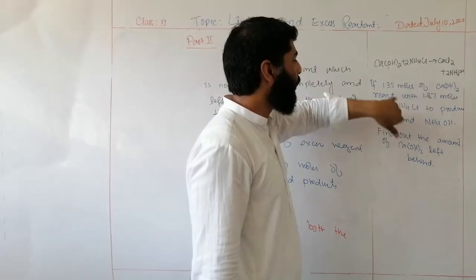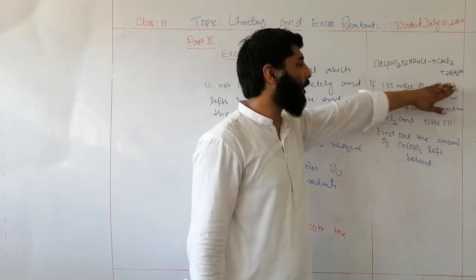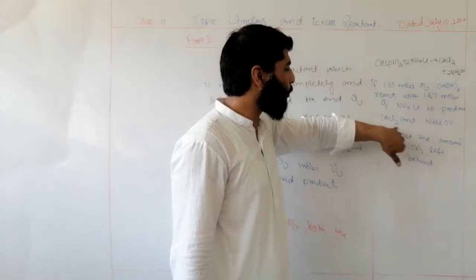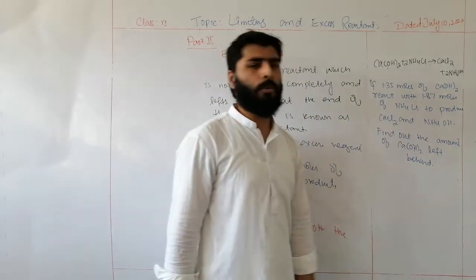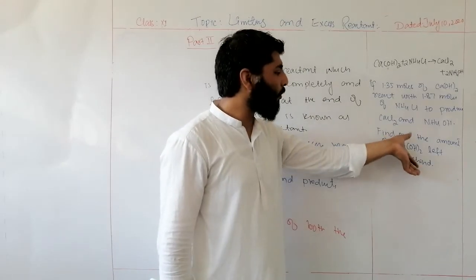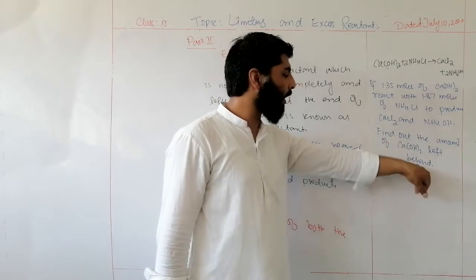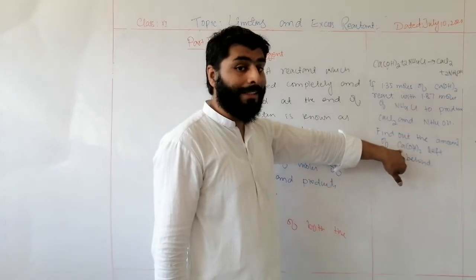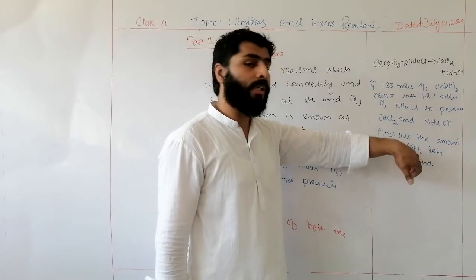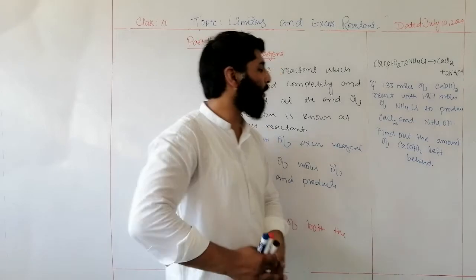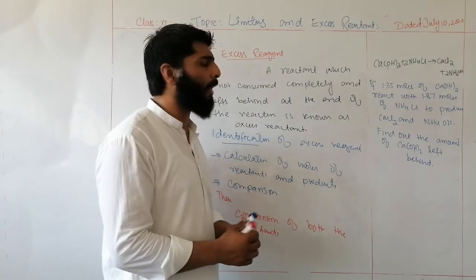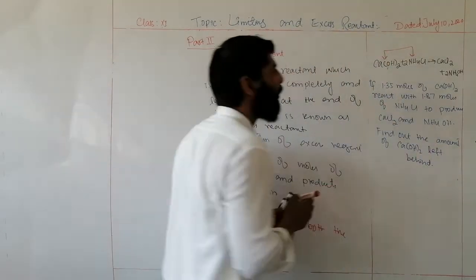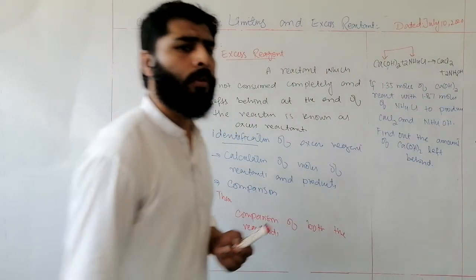According to this reaction, if 1.35 moles of calcium hydroxide react with 1.87 moles of ammonium chloride to produce calcium chloride and ammonium hydroxide, find out the amount of calcium hydroxide left behind. It means calcium hydroxide is in excess and we have to find its amount which is left behind. For this purpose, you will have to make a comparison of both the reactants, calcium hydroxide and ammonium chloride.